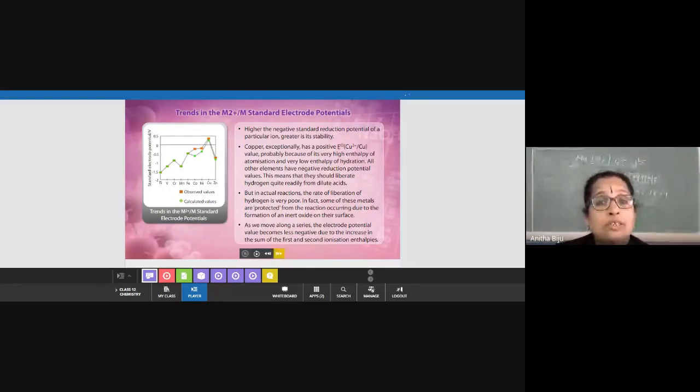So hydrogen gas is not visible. Instead, the byproduct obtained is water when copper reacts with nitric acid. This is the story behind the reaction of copper with nitric acid. But it is not capable of reacting with any other acids, because of the positive reduction potential value.